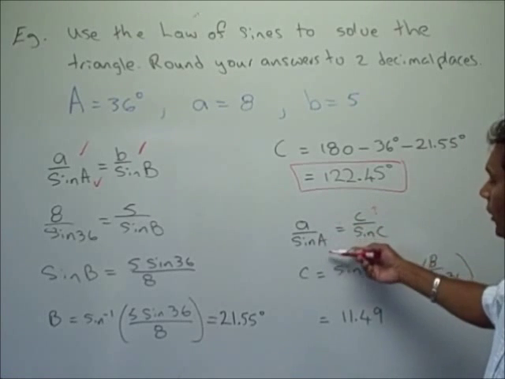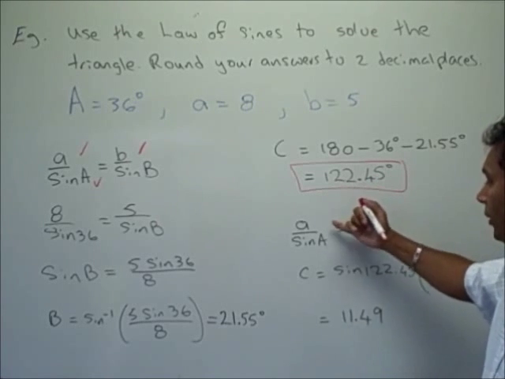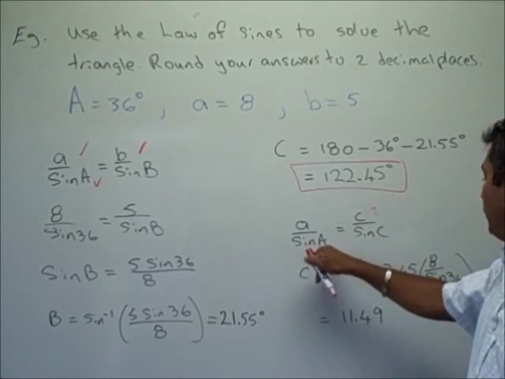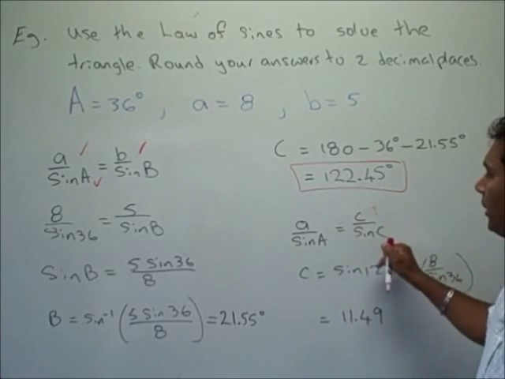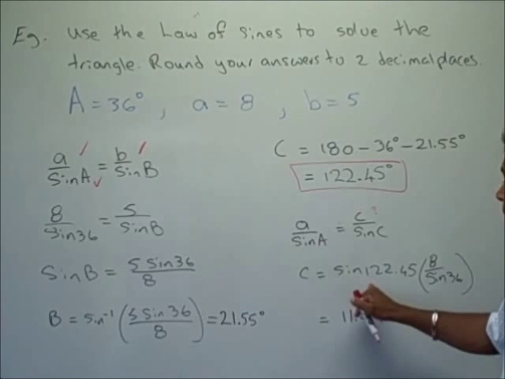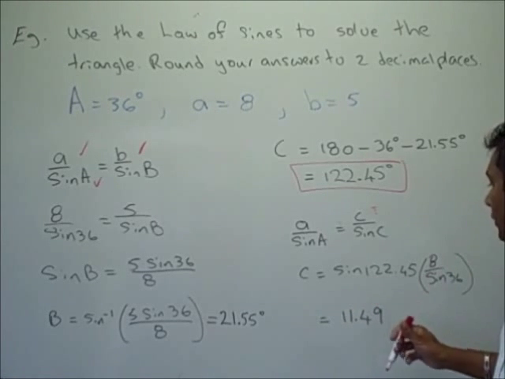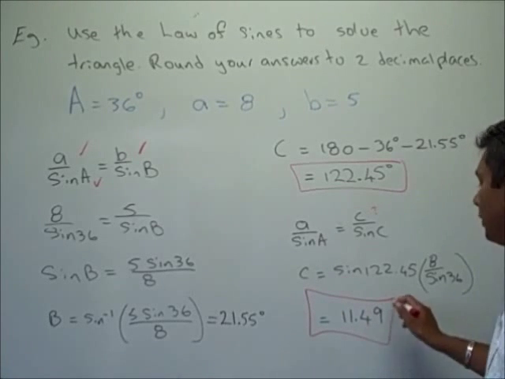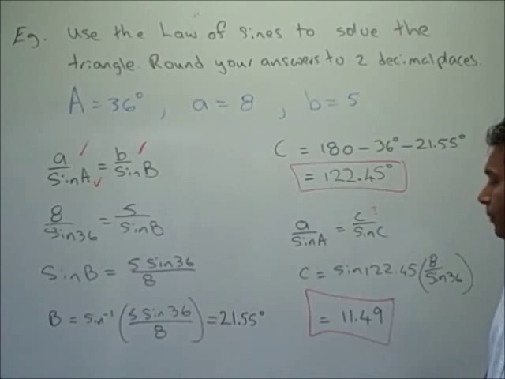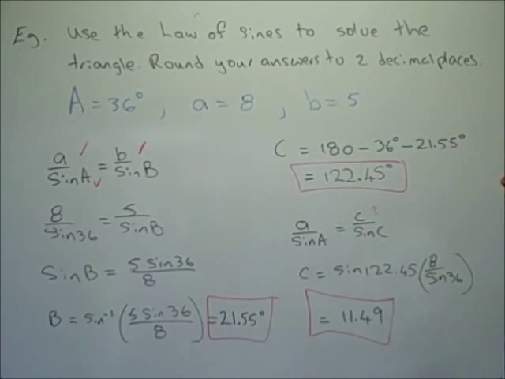We can use a over sine A is equal to c over sine C. That is 8 over sine of 36 equals c over sine of 122.45. If we multiply both sides by sine of 122.45 and simplify, we get side c to be 11.49 units. So here we have our additional angle and our additional side.